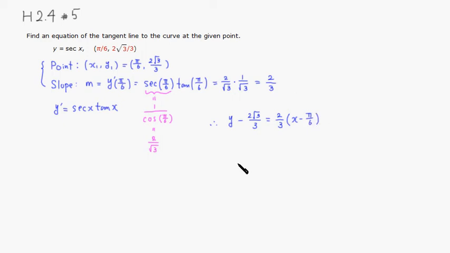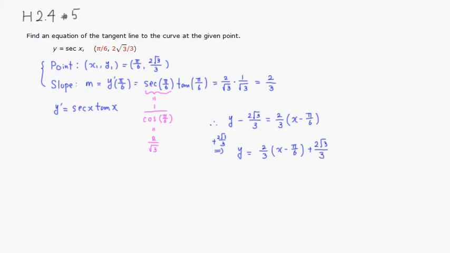I would add 2 square root of 3 over 3 so that y is isolated. So y is equal to 2/3 times quantity x minus pi over 6, plus 2 square root of 3 over 3.